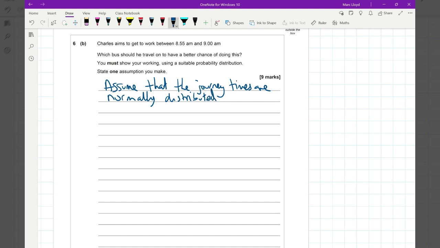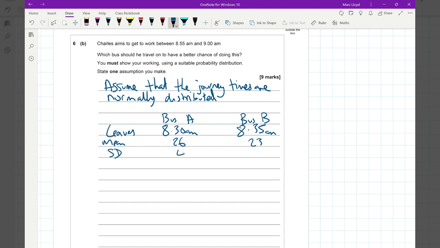Now, for bus A, I'm just going to write a column here, actually. I'm going to make this tidier. Not happy with that. So it leaves bus A, bus B. So he leaves at 8:30 for bus A, leaves at 8:35 a.m. for bus B. The mean is 26 and 23.